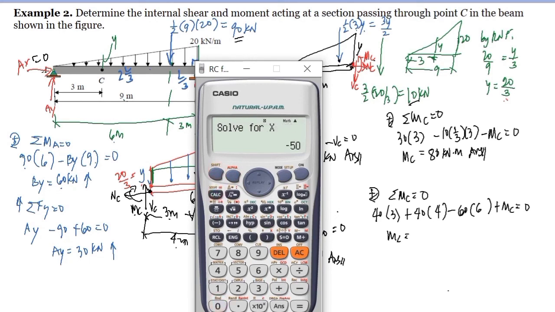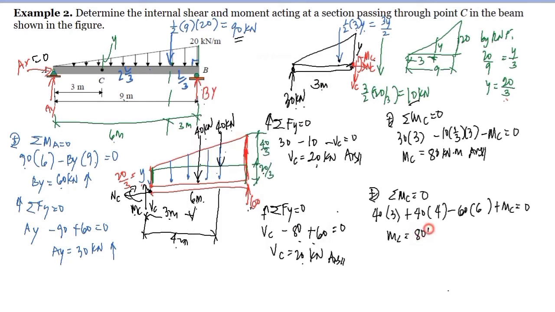Shift, solve equals, and that would give us 80 kilonewton meter. And this 80 kilonewton meter here is the same with our previous answer. So it's up to you kung anong gagamitin yung solution. So ito ba yung left portion ng beam o ito yung right portion, since pareho lang naman yung sagot. Pero in this case, mas madali yung solution sa left portion compared to the right portion.